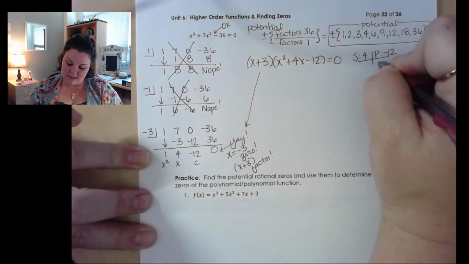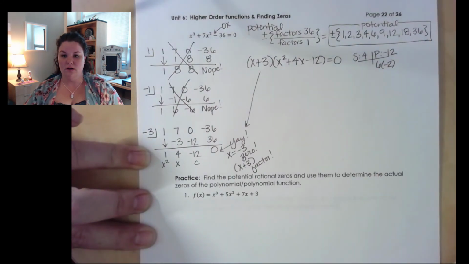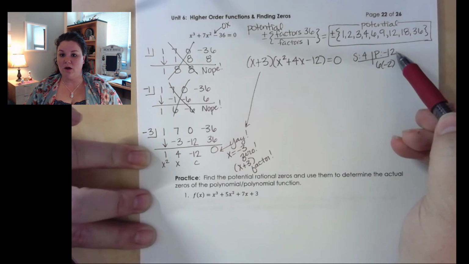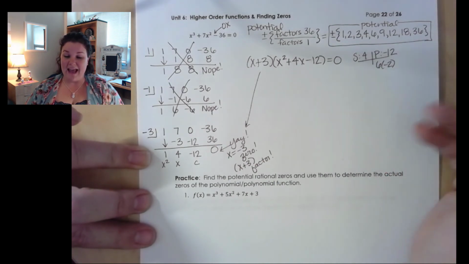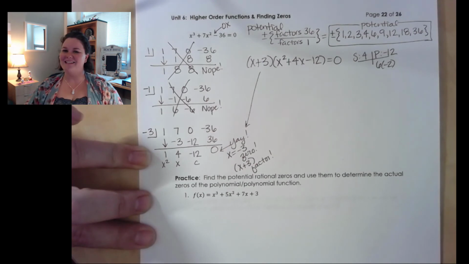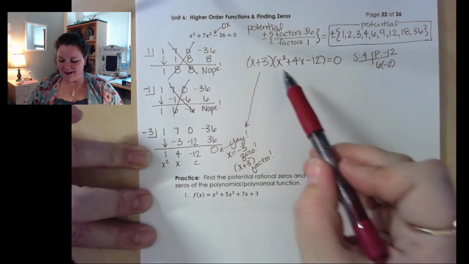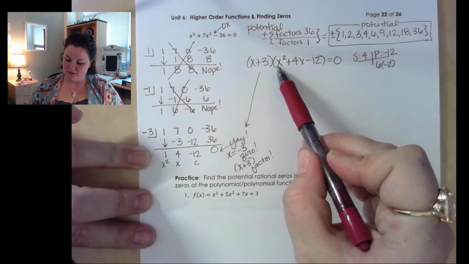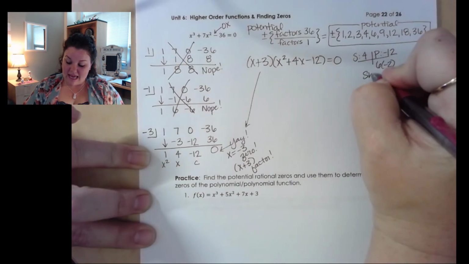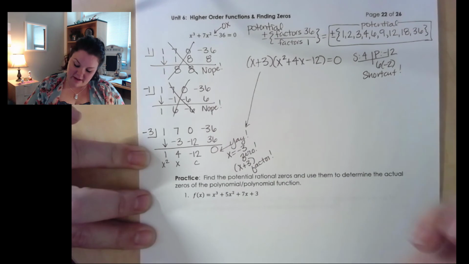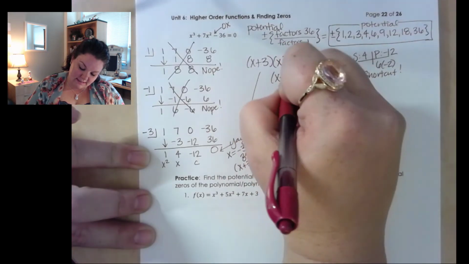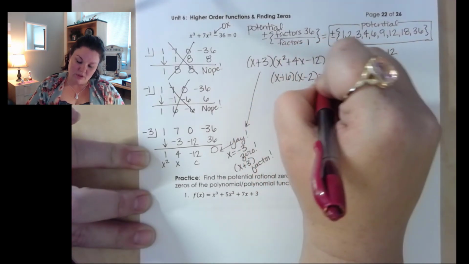Because I can use 6 and -2 that multiplied give me -12, and 6 minus 2 combined give me that +4. And as an added bonus, our leading coefficient is a 1, so we can use our shortcut. Yay for shortcuts. So this one factors into x plus 6 times x minus 2.